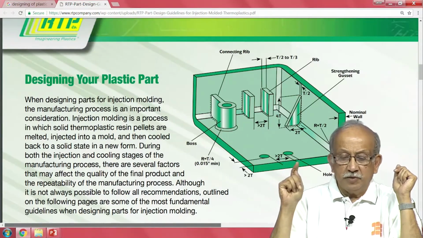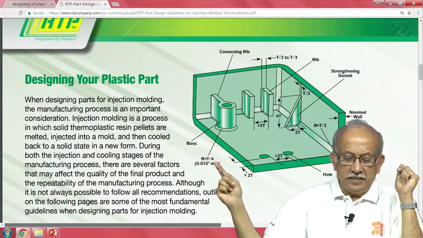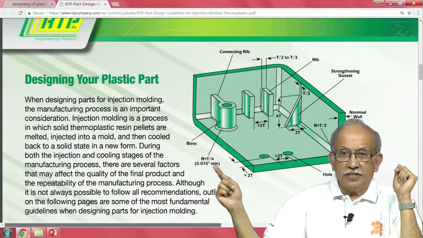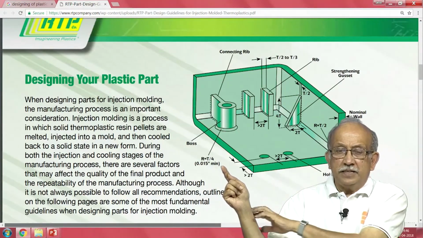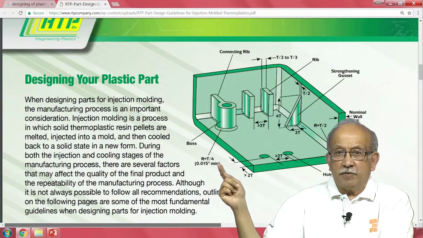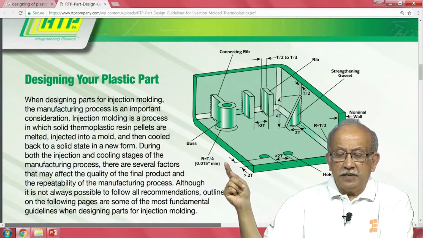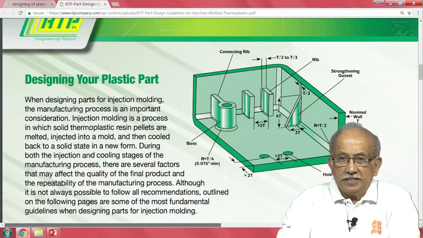Similarly, what should be the wall thickness, and what should be the radius that has to be given. While it is convenient here, too sharp a radius leads to problems, too smooth a radius leads to another type of problem, because in principle the wall thickness has to be maintained constant all over the place.